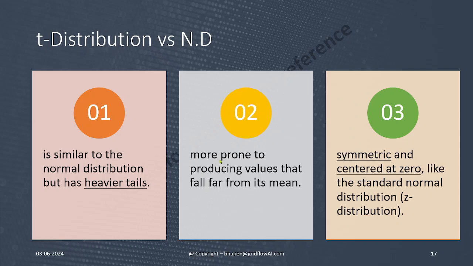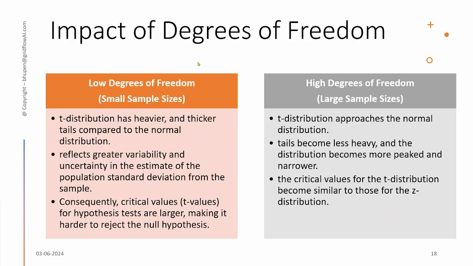So the t-distribution actually helps you spread out the extreme values. That means you have more room to play with, and you can then reject the null hypothesis because you have a wider range of values available. So that's the impact of degrees of freedom.